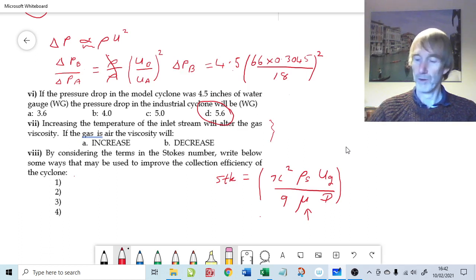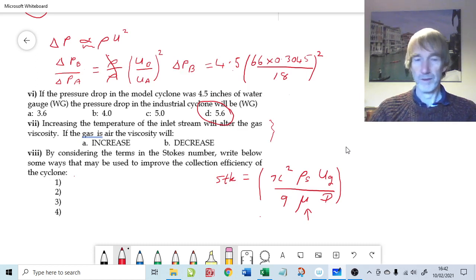Gas has lots of spaces between the molecules, whereas water is a highly compacted system by comparison. 1 mole of water is around 24 litres as a gas, whereas as a liquid it would only be 18 millilitres, because 1 mole of water, H2O, has a molecular weight of 18, so 18 millilitres of water becomes 24 litres as a gas.